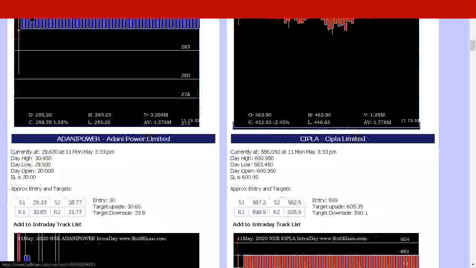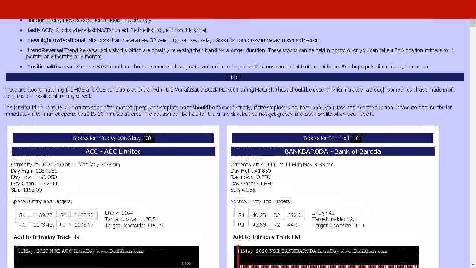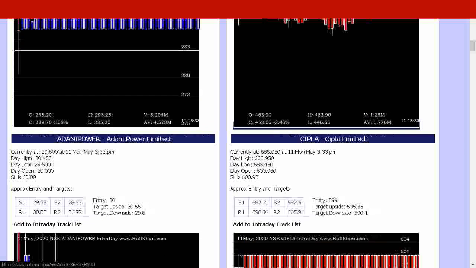In this list, at the top is ACC for buy, Bank of Baroda for sell.